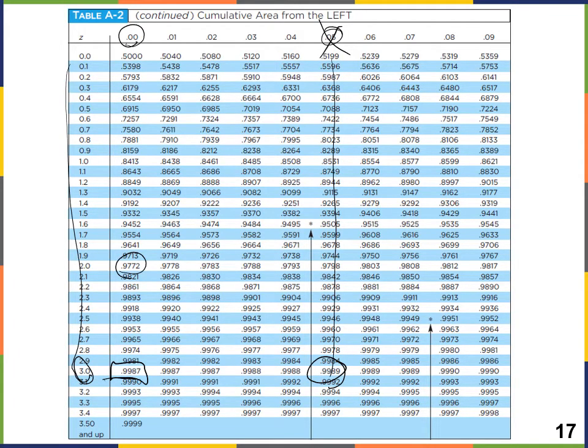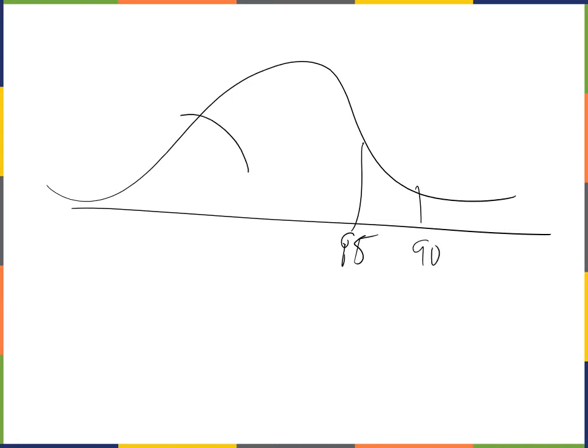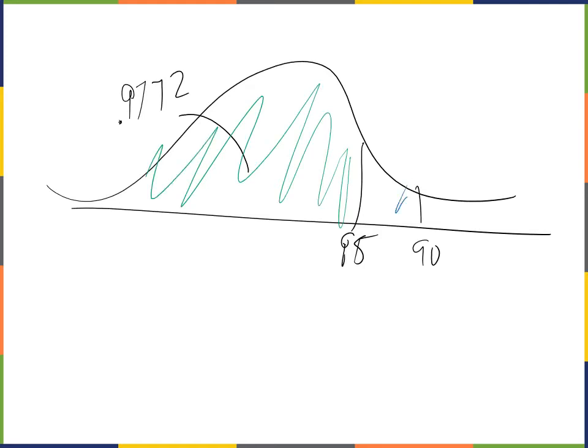So it was .9772 and .9987. So if I look at it here, right, 85, 90, .9772 was the green area. The blue area was the area to the left of the z-score of 3, so it was .9987.